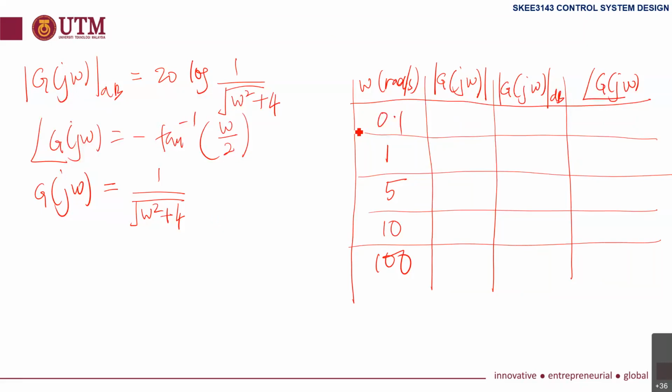Substitute 0.1 into here, Gj omega. And then once you obtain that, get the one in dB. What is the value here? 0.1, the magnitude. Anyone?